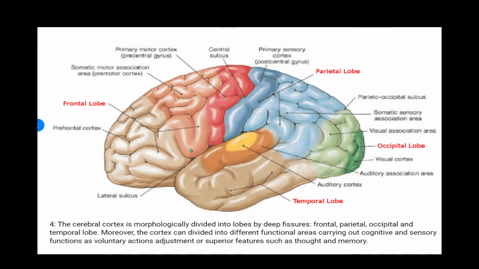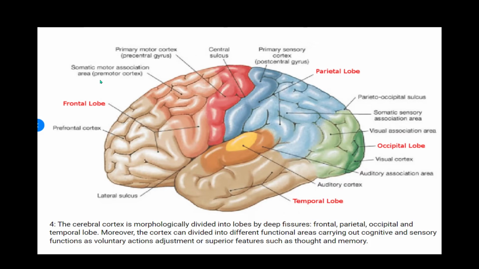Not labeled here, but in the inferior gyrus of the frontal cortex, somewhere here, is the Broca speech area, which is the primary speech area. That's areas 44 and 45 on the Brodmann classification.